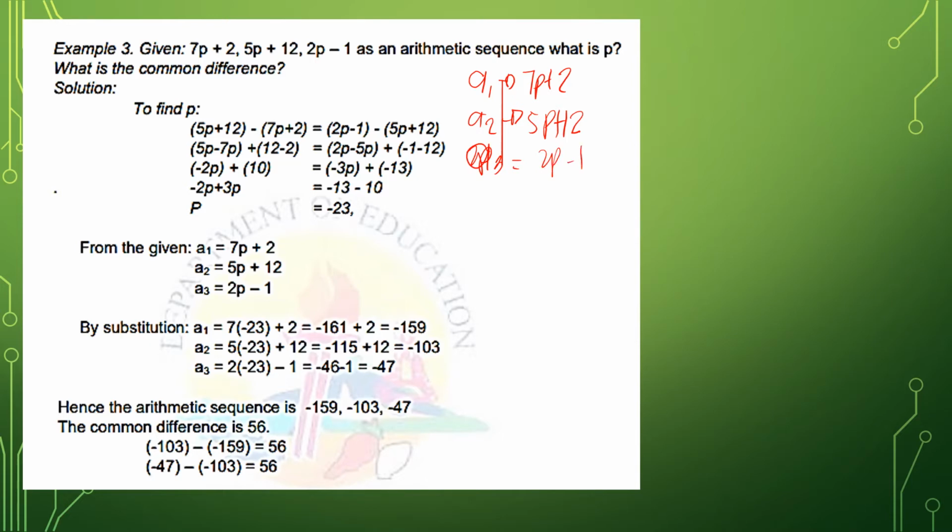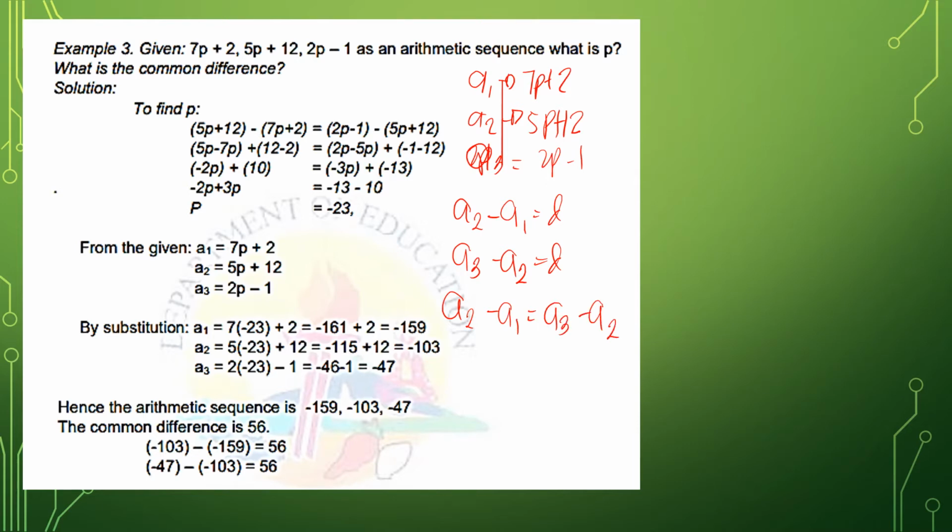To get the common difference, we simply subtract the first term from the second term, or the second term from the third term. Since these expressions are both equal to d, we can equate a sub 2 minus a sub 1 to a sub 3 minus a sub 2.